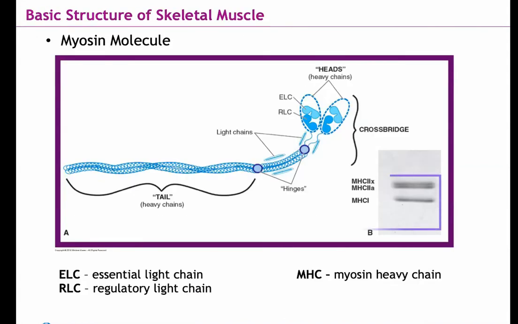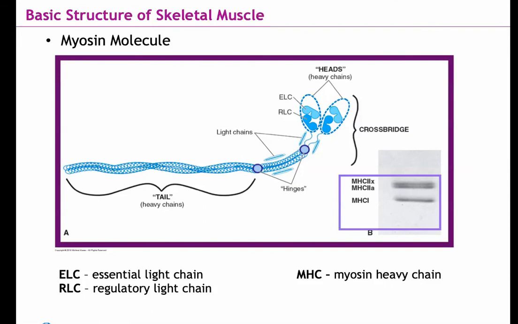Okay, y'all, this is the last slide, so we're almost done. The myosin molecule: why can a type 2X and a type 2A switch back and forth, but not to a 1? Well, what research knows so far is that the myosin heavy chain content is similar between an X and an A. So let's look at this. This is the myosin molecule.